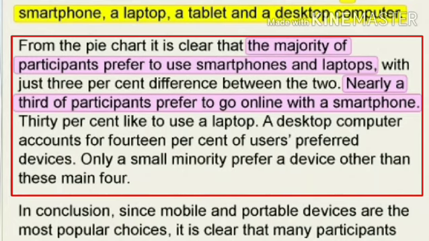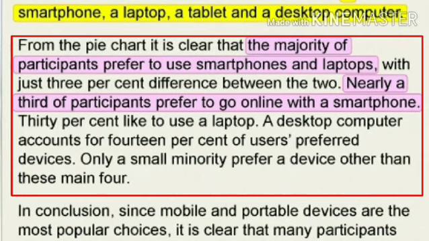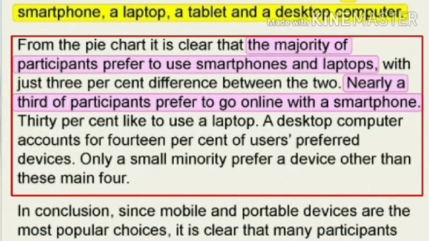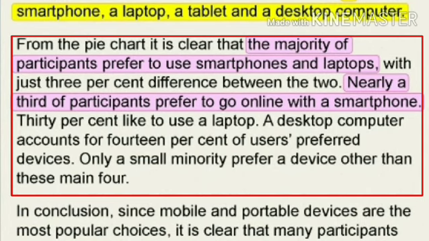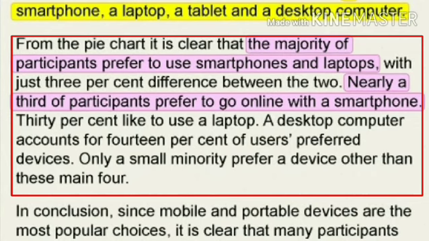Second paragraph. From the pie chart, it is clear that the majority of participants prefer to use smartphones and laptops, with just 3% difference between the two. Nearly a third of participants prefer to go online with a smartphone. 30% like to use laptop.